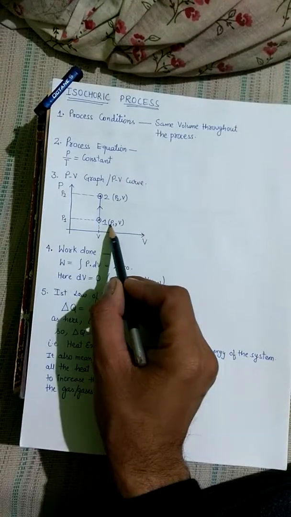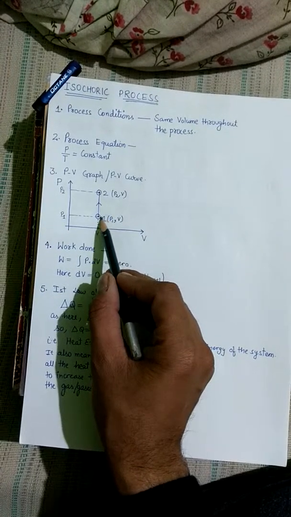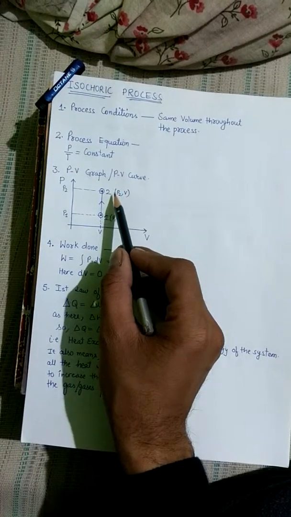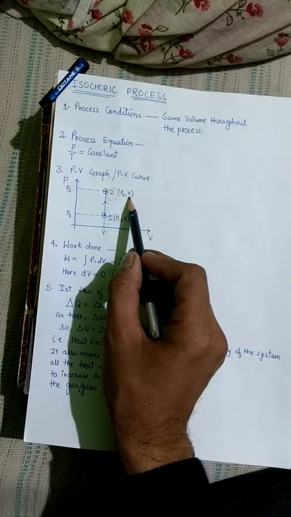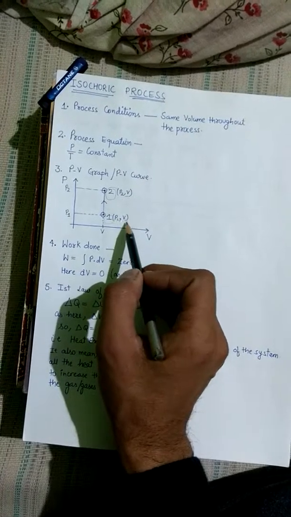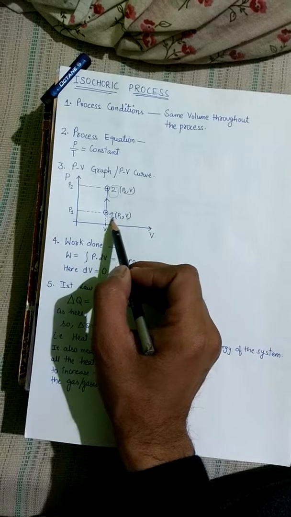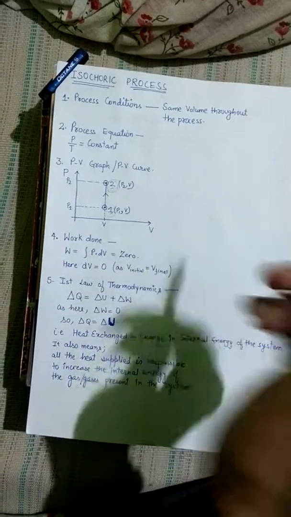So at pressure P1, volume V1, the gas was in state 1. As we increase the pressure to reach state 2, we see that the volume of the system has not at all changed. The volume was V in state 1 and the volume is again V in state 2.